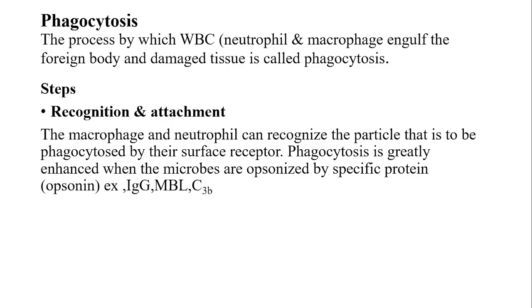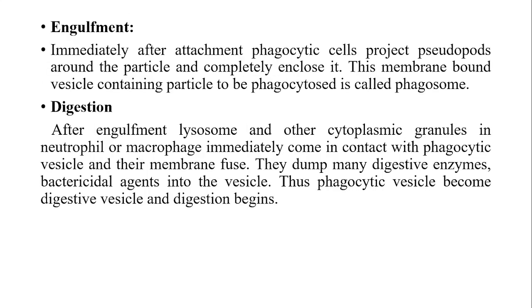This process is called opsonization, and the substance which helps in opsonization is called opsonin. Now after recognition of the foreign body or their enemy, WBC will be attached to them for the next step to happen, and the next step is to engulf this foreign body if it is small enough to be engulfed by the WBC.